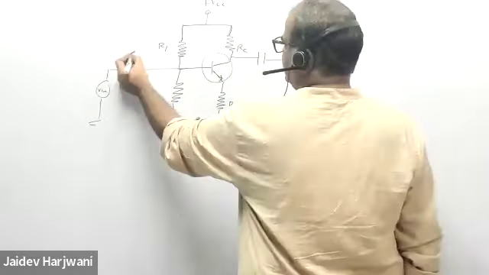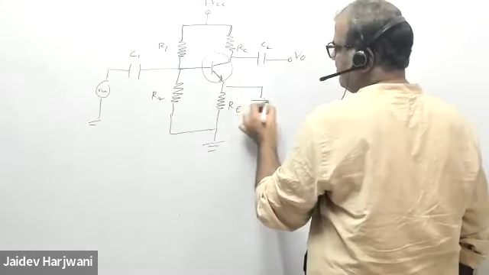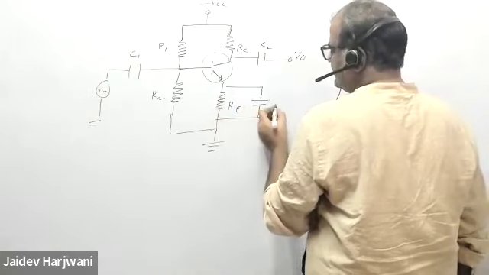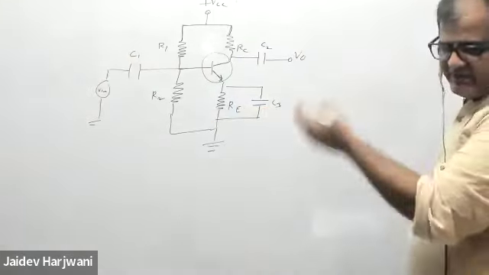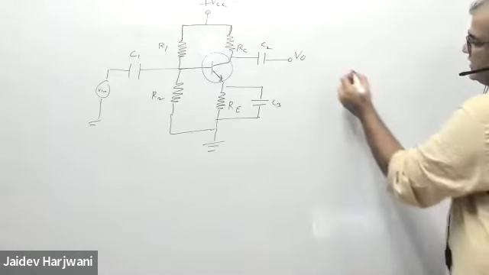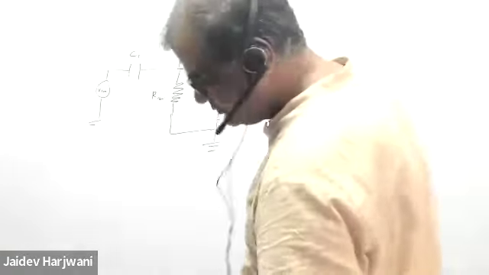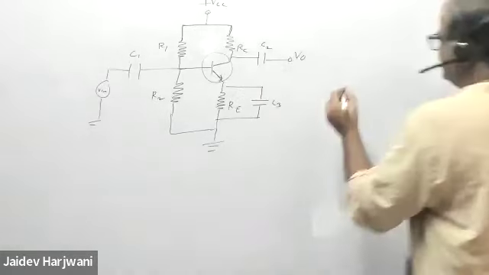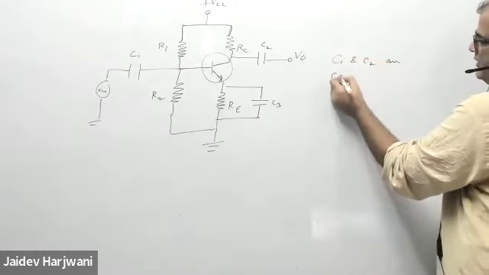I'll say this is my C1 and this is my C2, and I can put one more capacitor here if I want, which is my C3. So this is my basic amplifier circuit. C1 and C2 are coupling capacitors.